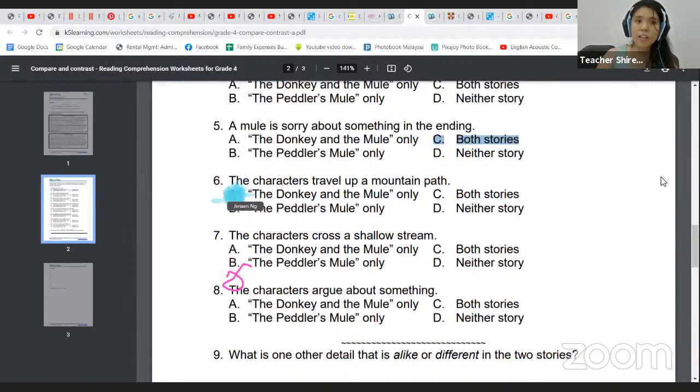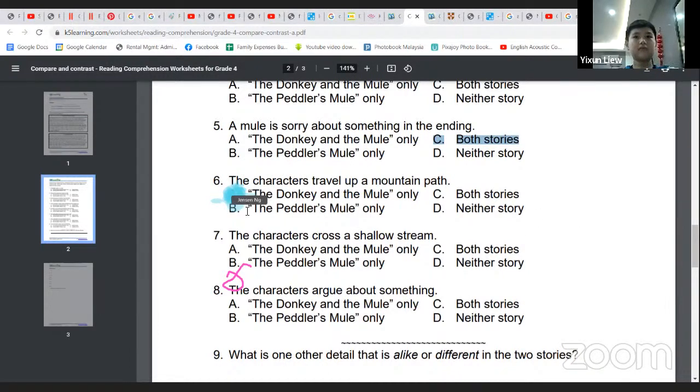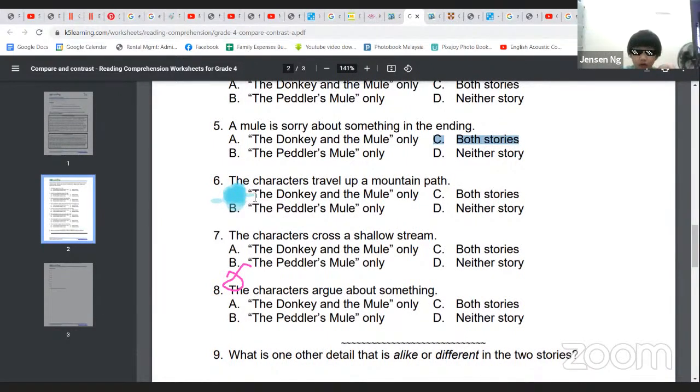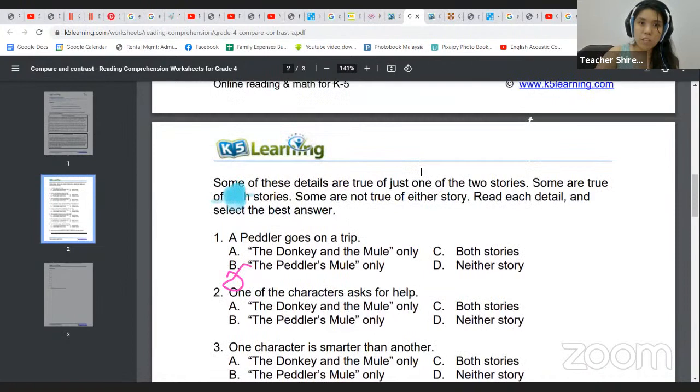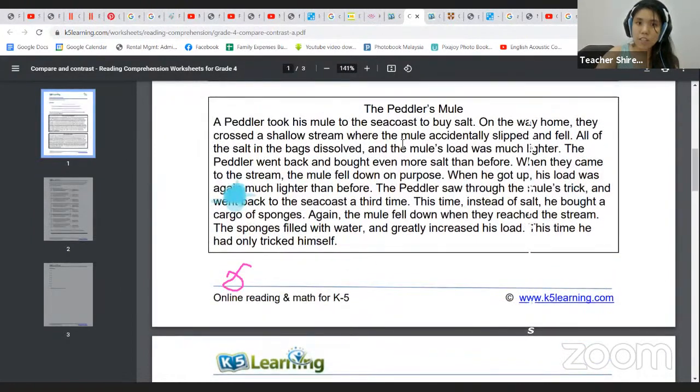Okay. Next, Jensen. Can you read the question, please? The characters travel up a mountain. All right. So your answer is A, travel up the mountain. In the mule story, did it say anything about traveling up the mountain? Where did it travel for the mule story?